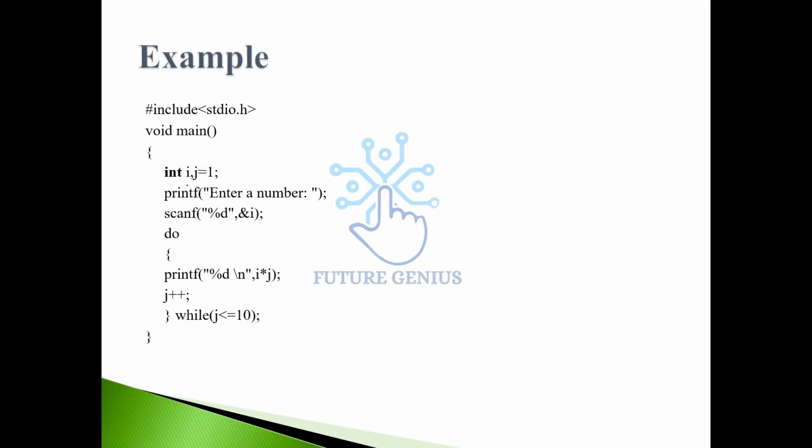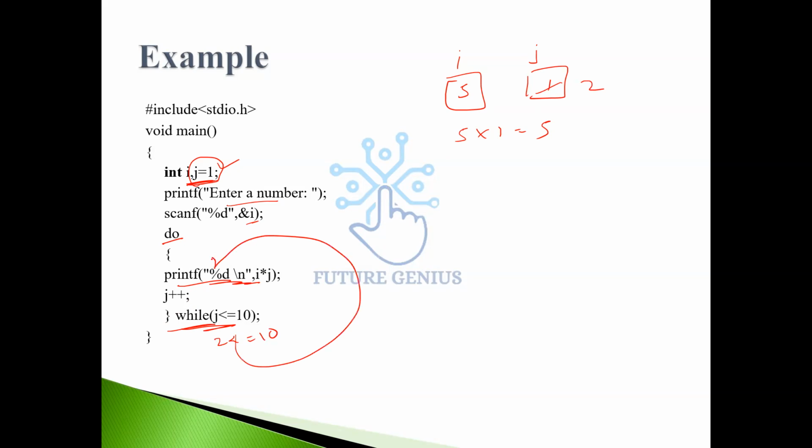The rest of the program is the same, with j as 1 initialized here, entering a number, suppose the value of i is 5. Now do first prints the output 5 into 1, that is 5. Now it will increment, that is 2, and now it will check the condition. Is 2 less than or equal to 10? Yes, it will directly go back like this. So in this way, the do while loop works.